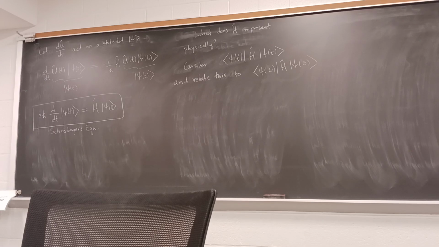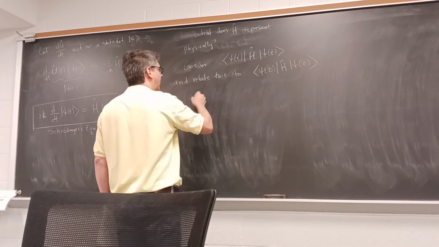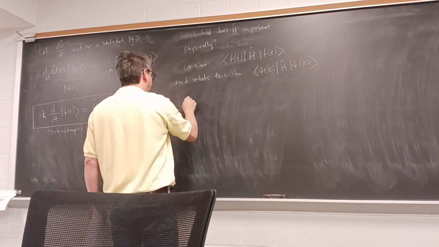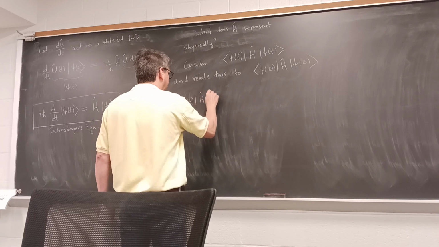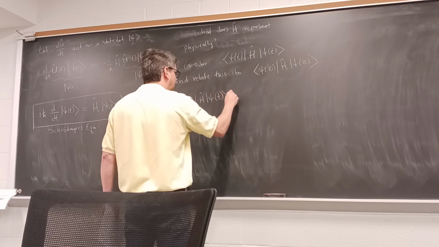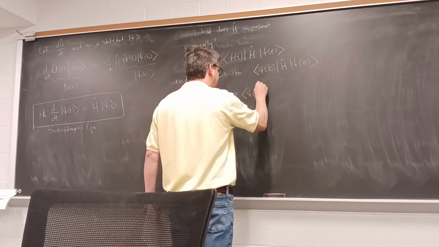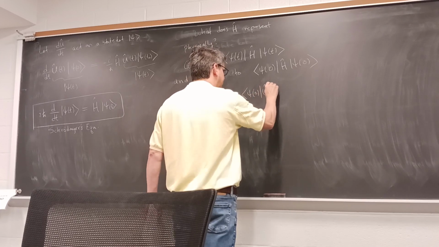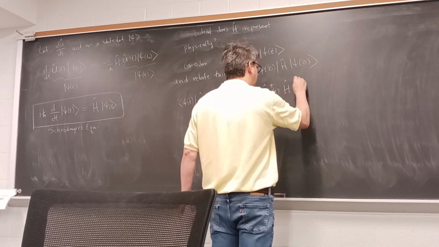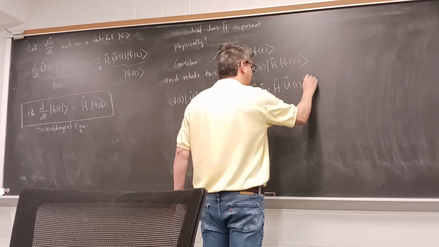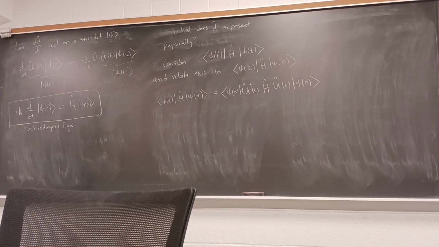So in this equation, we have psi of t, H hat psi of t. If we write this in terms of the ket at time 0, this is U hat dagger t, H hat, U hat t, psi 0. Right?